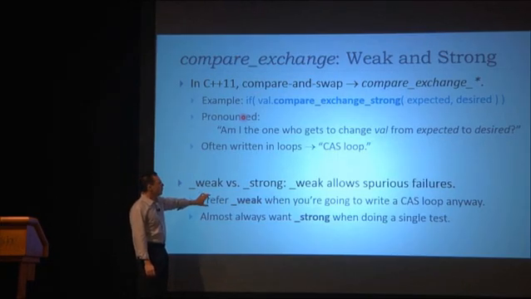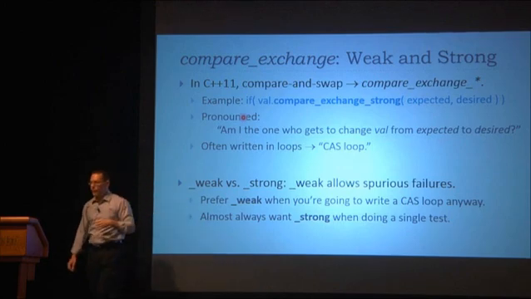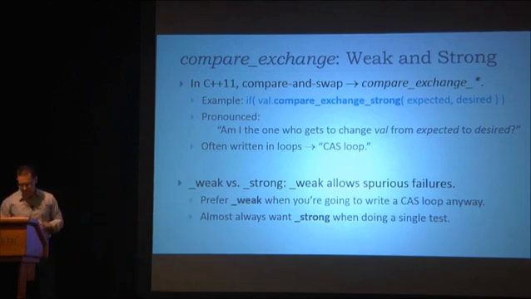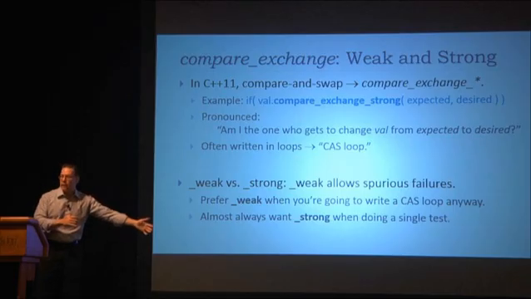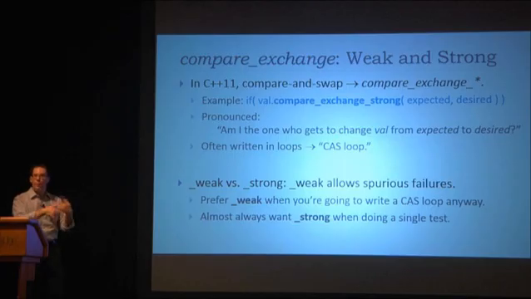Prefer the weak version if you were going to write a loop anyway. The difference is that the weak version is allowed to fail spuriously. What that means is that even if the value was expected, I may just, for other reasons, like I don't like the look of you this nanosecond, say, no, I failed. That's okay if you're going to be doing this test in a loop anyway.